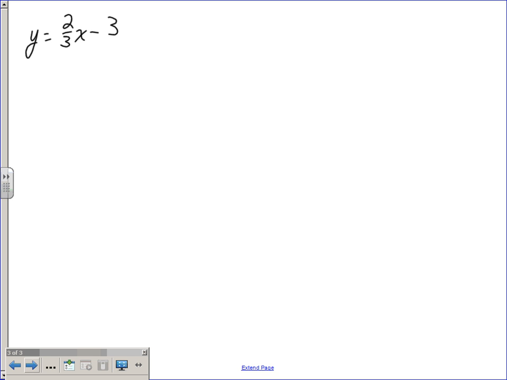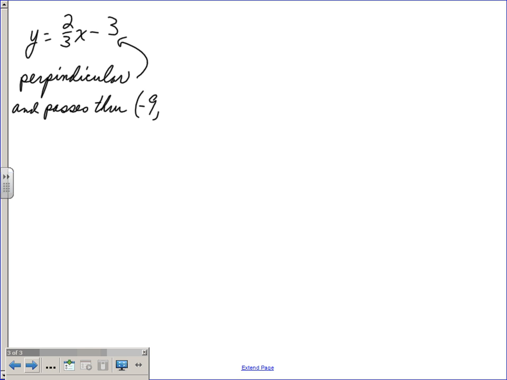And I want the equation of a line perpendicular to this line and passes through negative 9, was it 2? So now we're going to find the equation of the line perpendicular to that line and passes through that point.